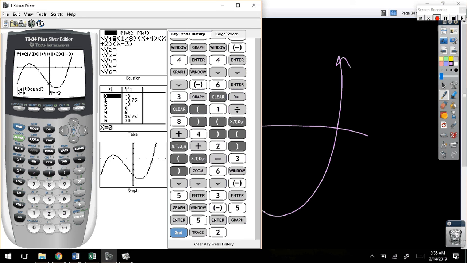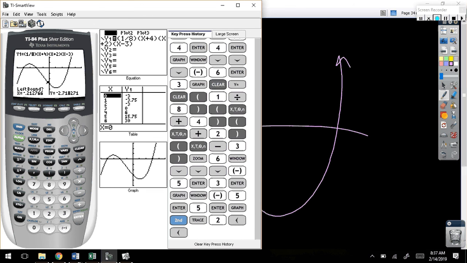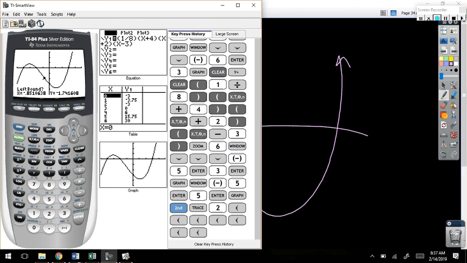All right, left bound. Do you see my little spider that's blinking here? I'm going to use my arrows to control him. Left bound means get on the left side of the 0 that you're trying to find.